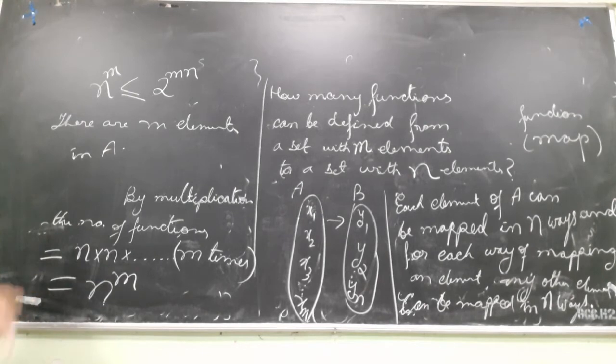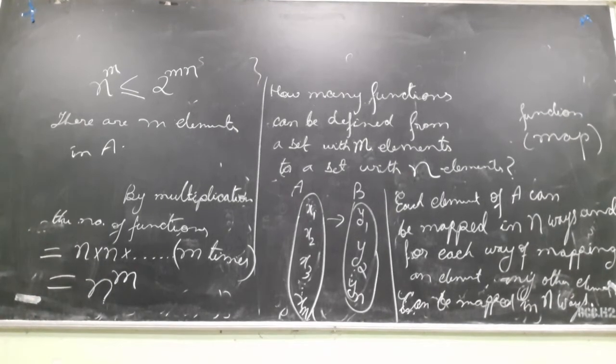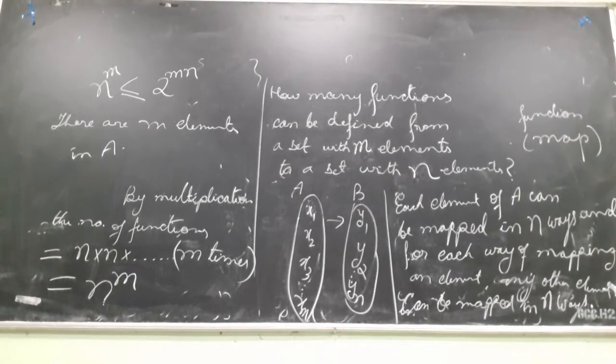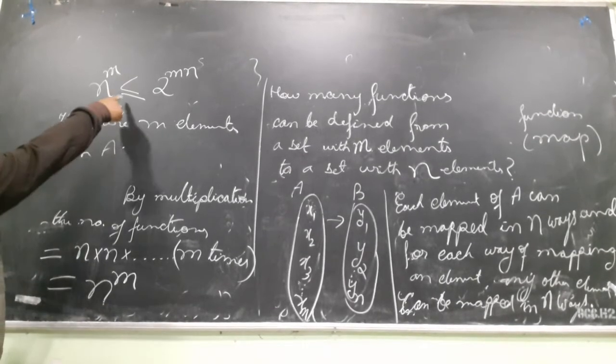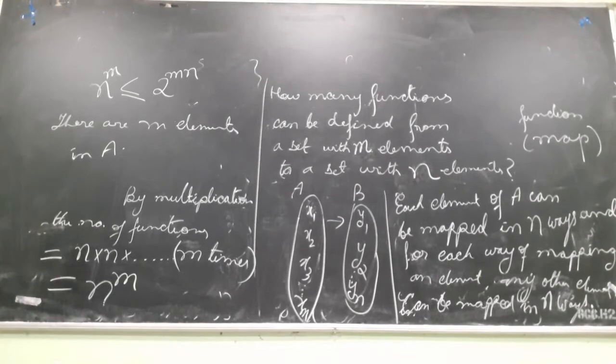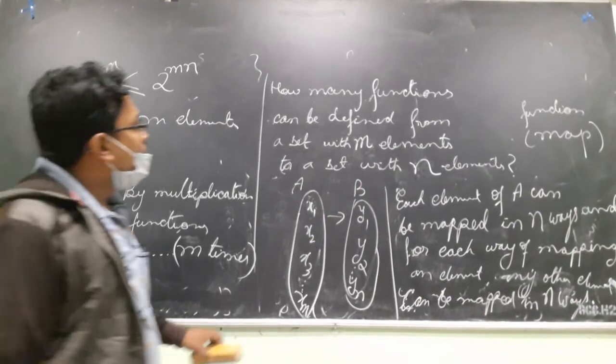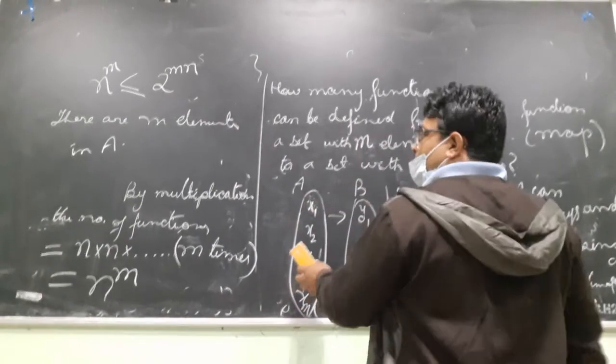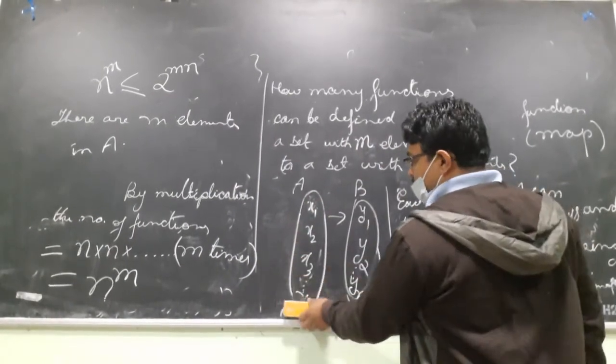So the number of relations is more, but the number of functions is less. So this is actually a strict inequality, because there are always more relations than functions.